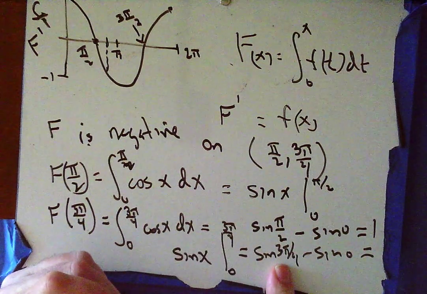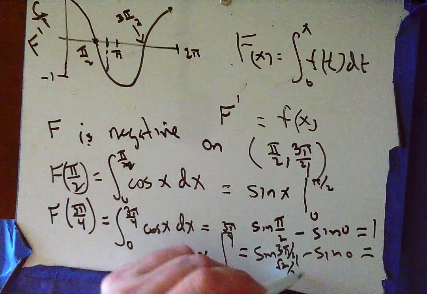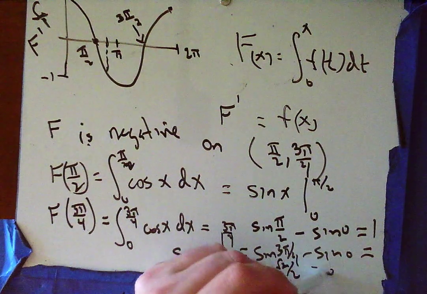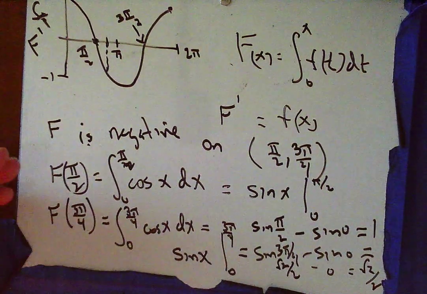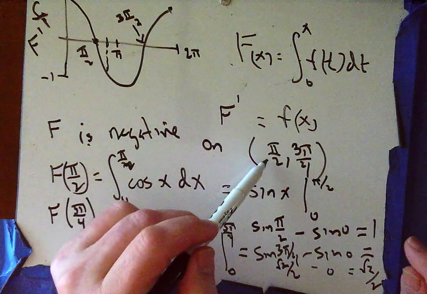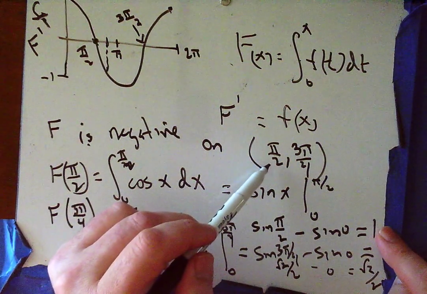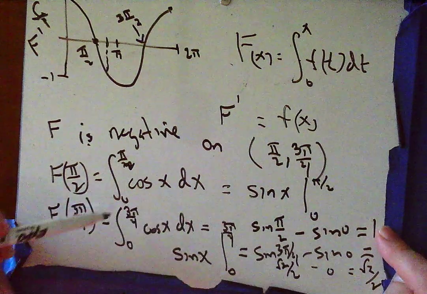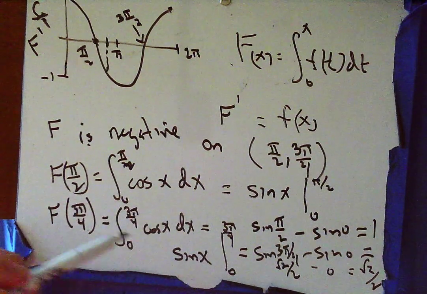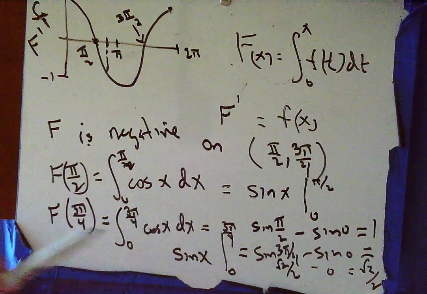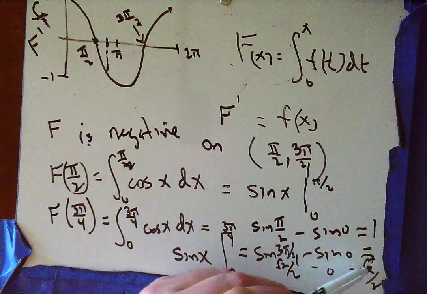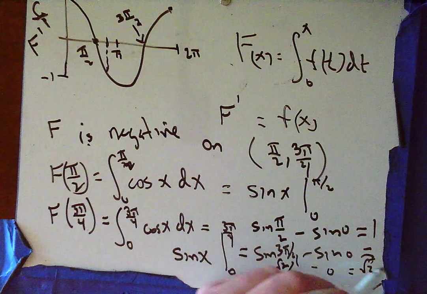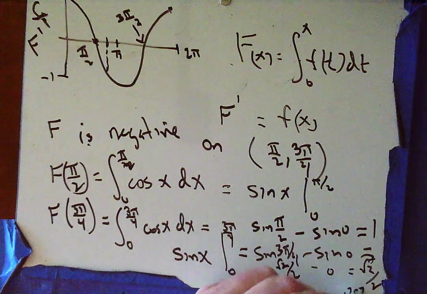At 3 pi over 4, the sine value is root 2 over 2, minus 0, and I get root 2 over 2. So on big F, at one end of this interval, I have a y value on big F of 1. And at 3 pi over 4, I have a y value of root 2 over 2. And that's going to be about 0.707.